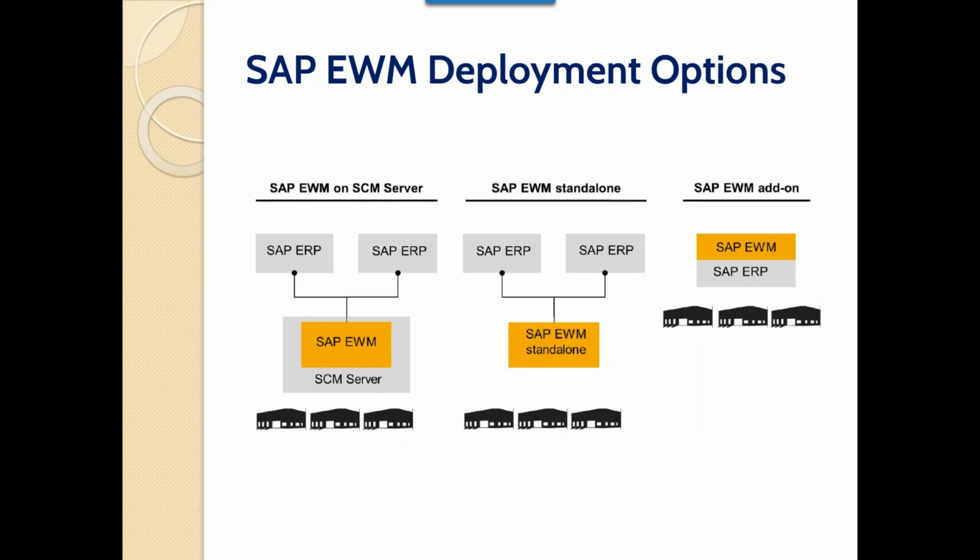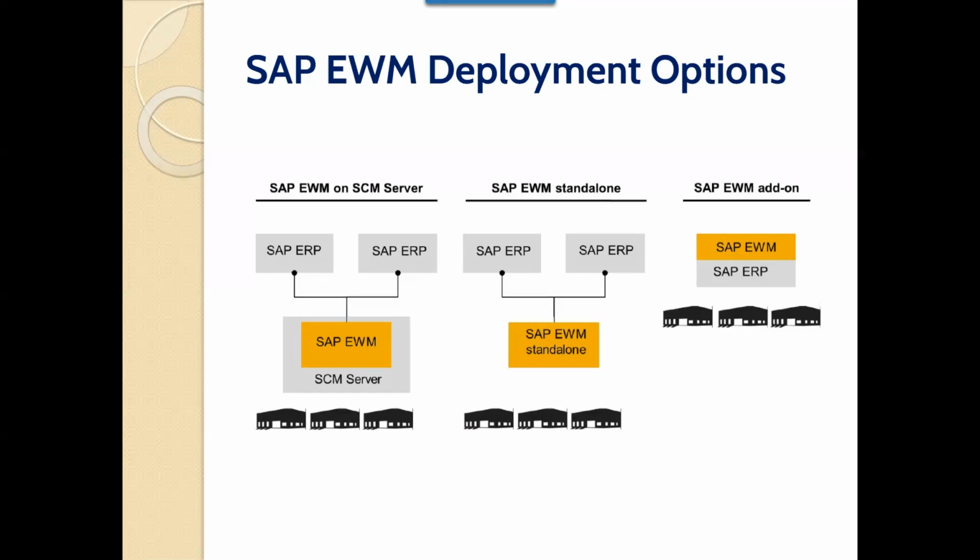That means the SCM server will have TM, APO and all other modules also, and along with that EWM is also implemented. This EWM can be connected to different ERP systems, or different SAP ERPs, with different logical clients or logical systems.